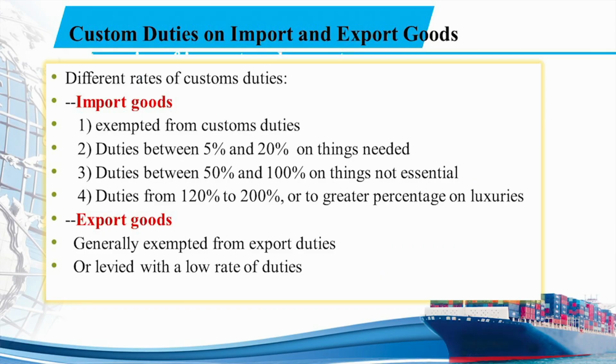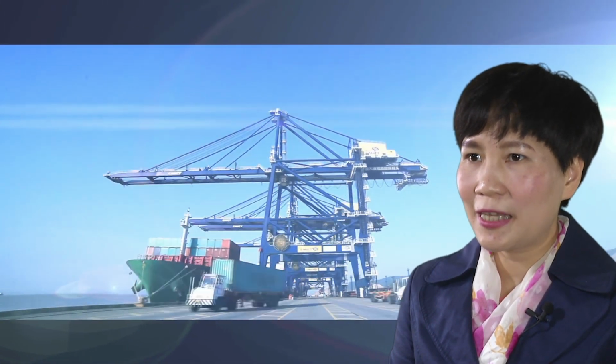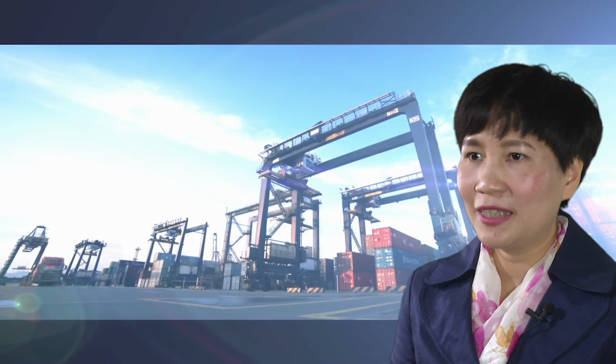The duties between 50% and 100% are levied on the things that are not essential for the economy or people's life. The duties on luxuries may range from 120% to 200% or to a still greater percentage. As regards export goods, they are generally exempted from export duties or levied with a low rate of duties.